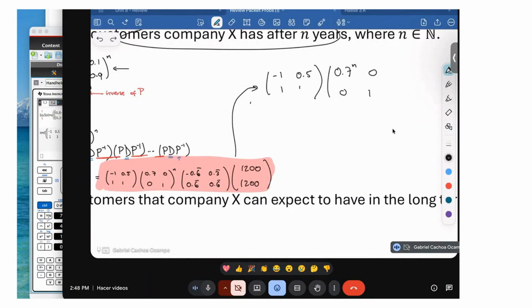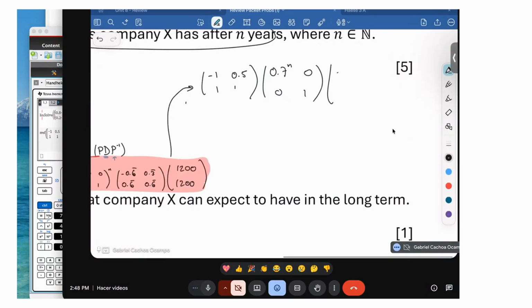Well, 1 to the n is 1. And times 1,200, no? Okay, so for example, to do this multiplication, this part of the multiplication is quite easy.